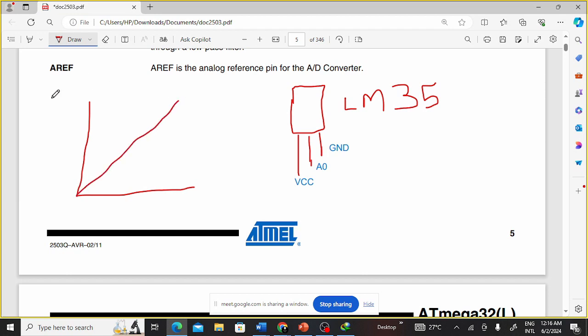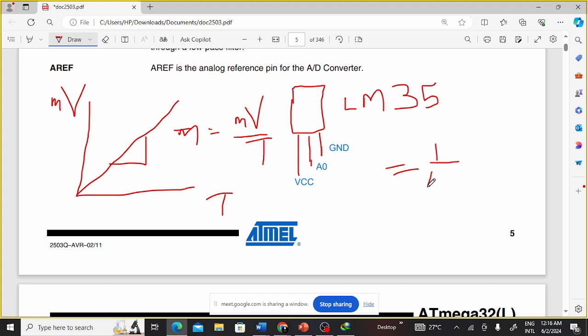This is a graph of millivolts against temperature for this sensor, and the slope of this graph is M, in such a way that you have millivolts over temperature. And the slope, I guess, if we go this way, should be 1 over 9.8.